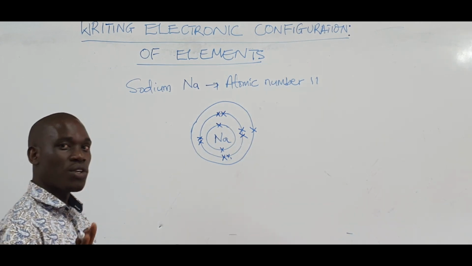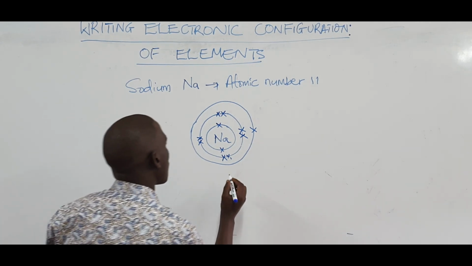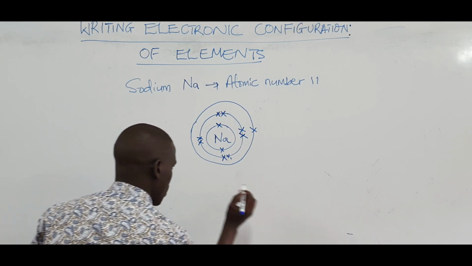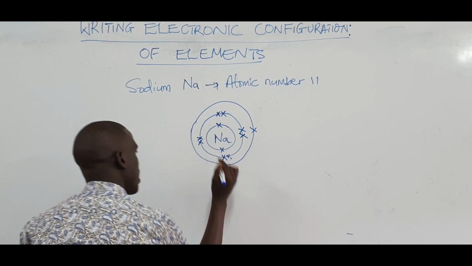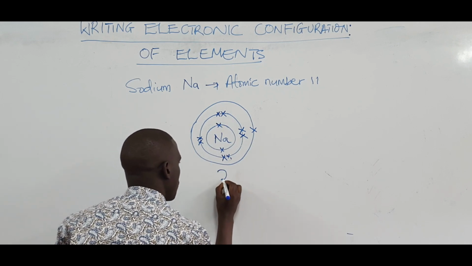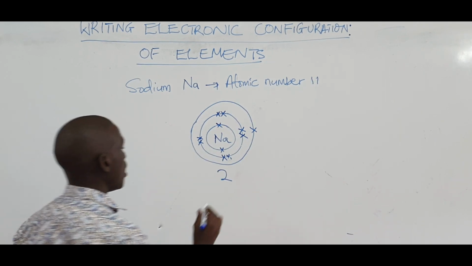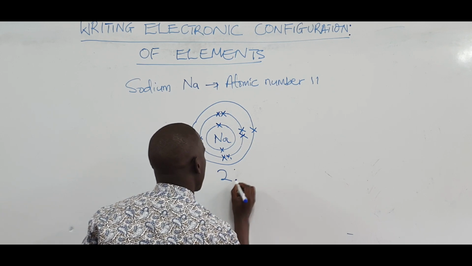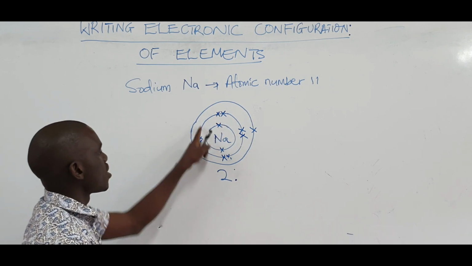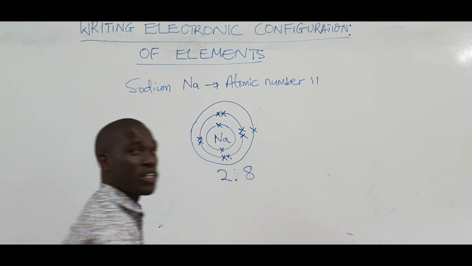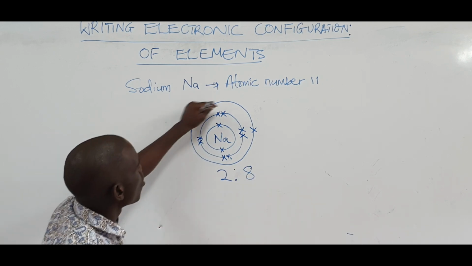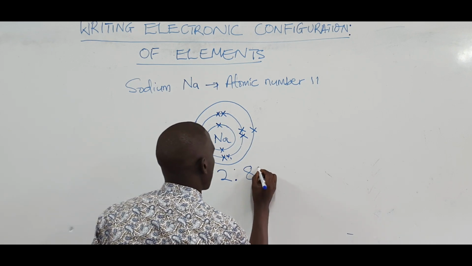Now, to write the electronic configuration, you start with the innermost shell, which is having 2 electrons, then go to the next shell, the second shell. It is having 8 electrons, then go to the outermost shell.